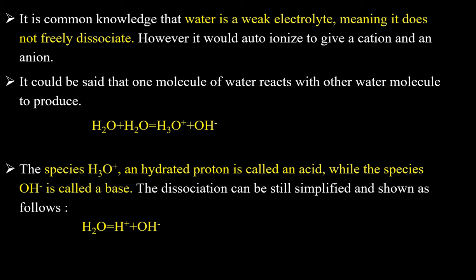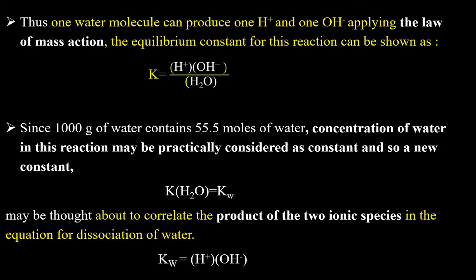The species H3O plus, a hydrated proton, is called the acid, while the species OH minus is called the base. The dissociation can be simplified and shown as H2O giving rise to H plus and OH minus ions. Thus, one water molecule can produce one H plus and one OH minus ion.